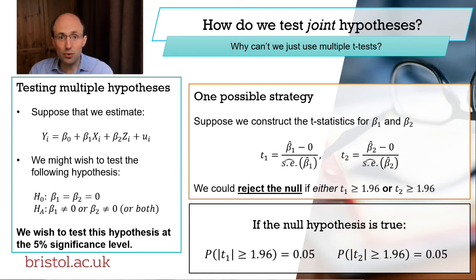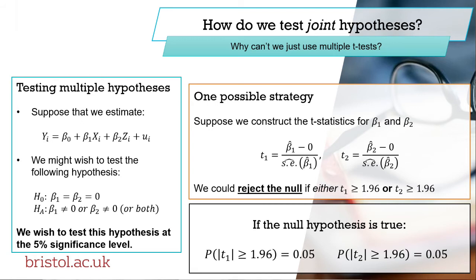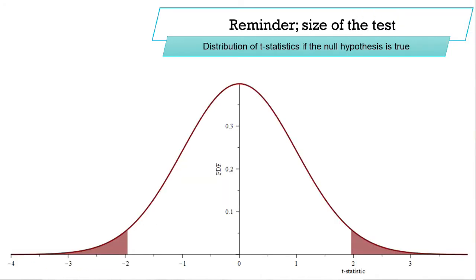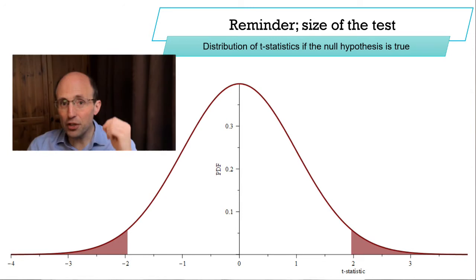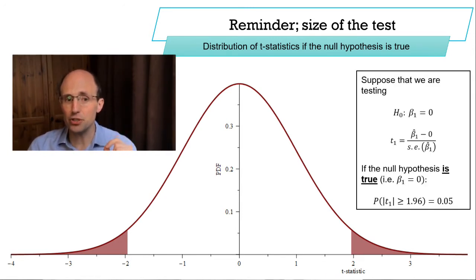Similarly, if beta 2 is equal to 0, the probability of getting a t-statistic greater in magnitude than 1.96 is also 0.05. So just to review t-statistics, remember, if the null hypothesis is true, the probability of you ending up in the rejection region is going to be equal to 0.05. 5% of the time you end up in that rejection region.